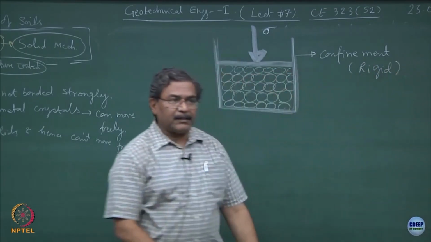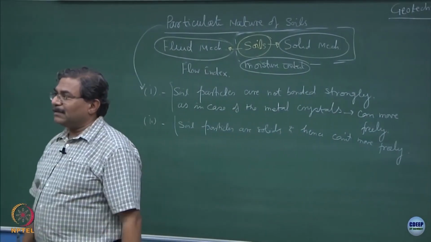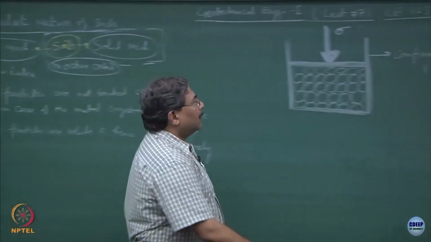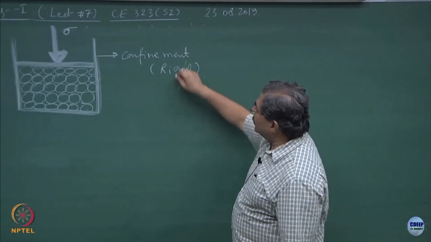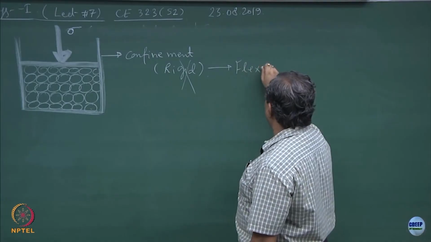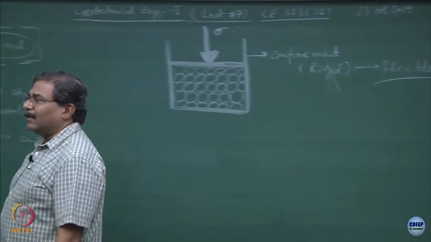You have done all this mechanics, rigid body mechanics, solid mechanics, you have done, you are masters in that. Now, suppose if I put a condition that this system is not rigid and this becomes flexible, now what you will do? That is what we are going to study.